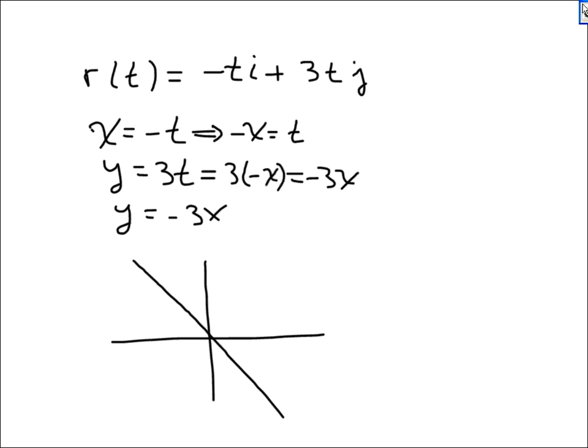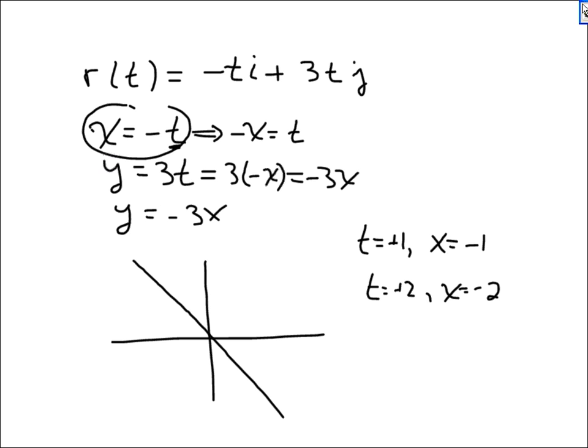Now, what's the orientation? As you make t bigger and bigger, x gets smaller. If t is 1, then x is negative 1. If t is 2, x got smaller, it's negative 2.